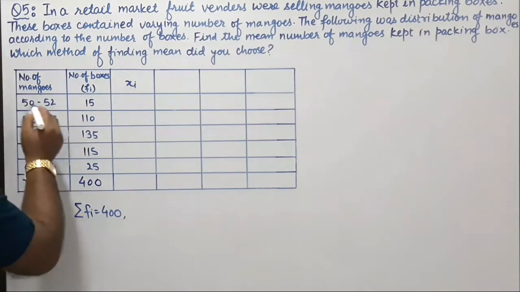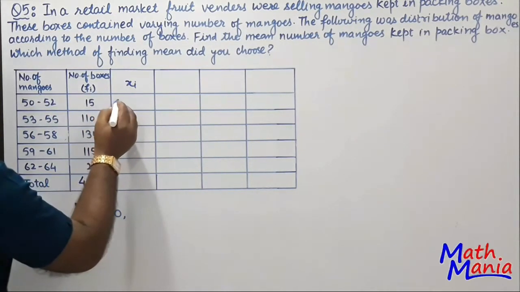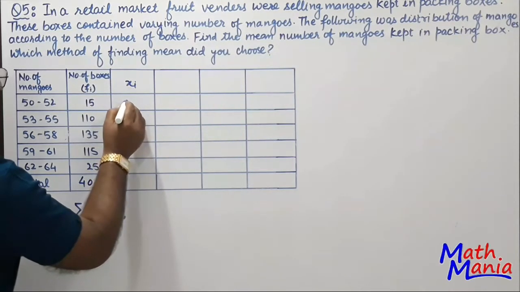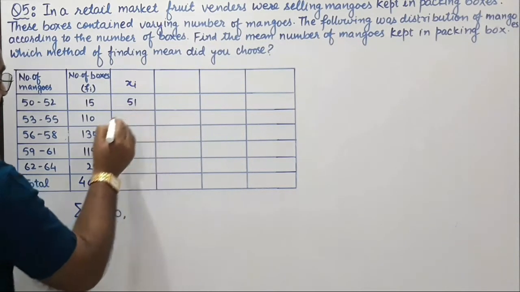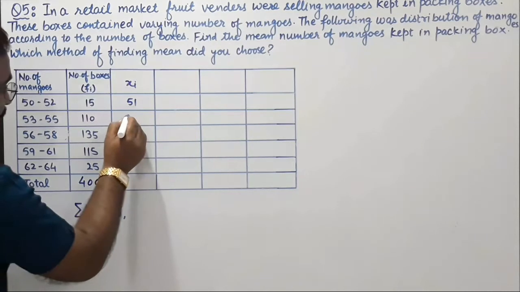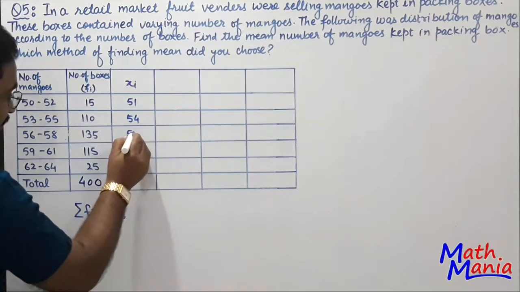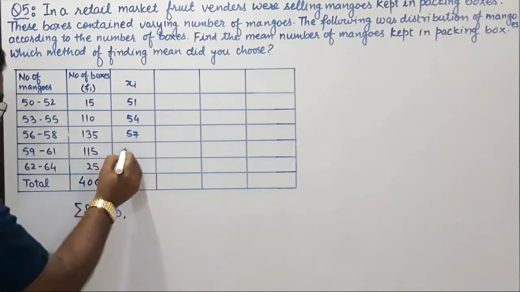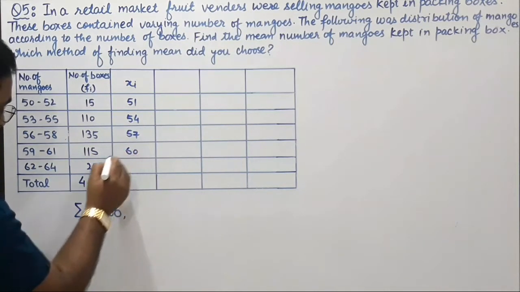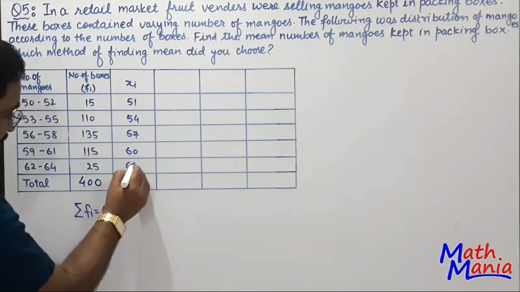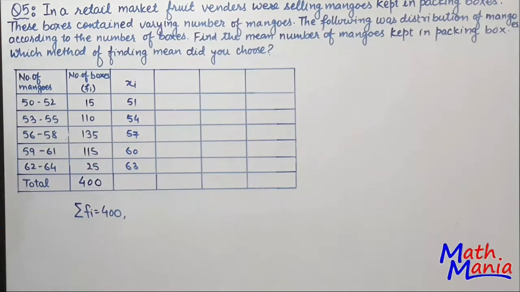So 52 plus 50 is 102, divided by 2 is 51. Similarly, 54, 57, 60, 63.